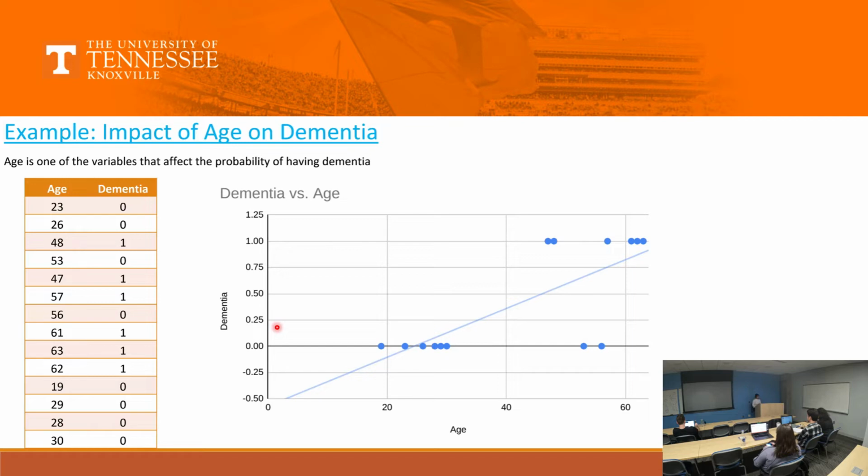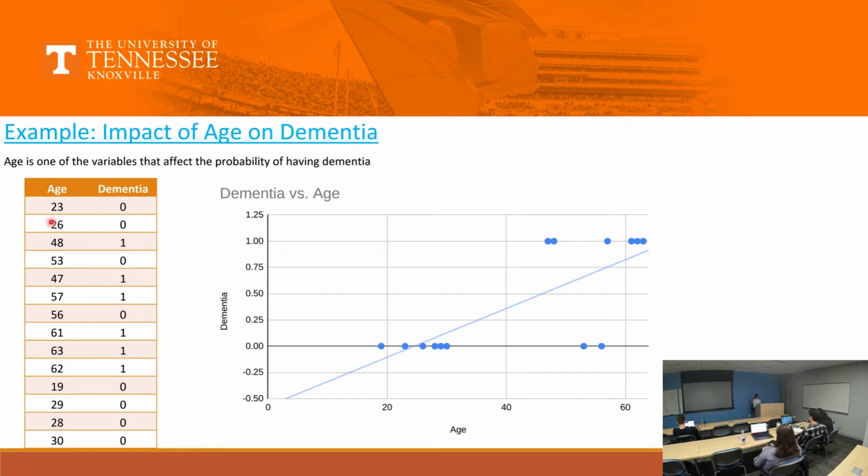Now, on screen, you have an example. As I told you, we are commonly using it for classification purposes. On the screen, you have a data set of many people, where there is an age given and an answer given whether the person has dementia or not. Generally, dementia occurs more in people at an older age.